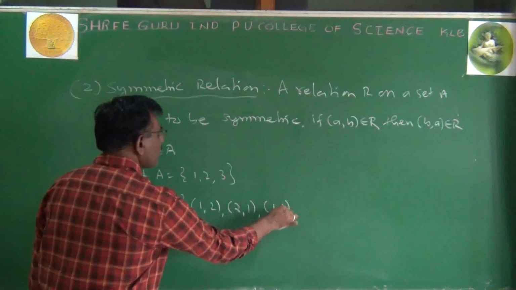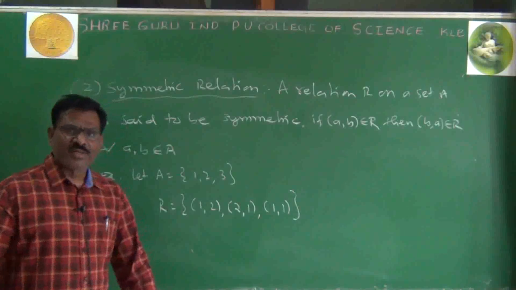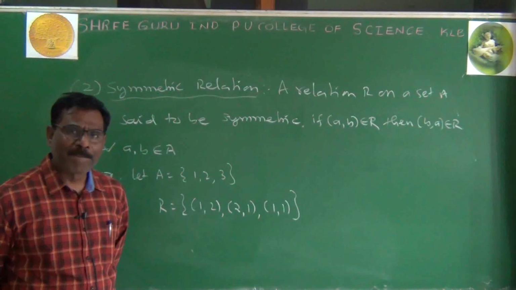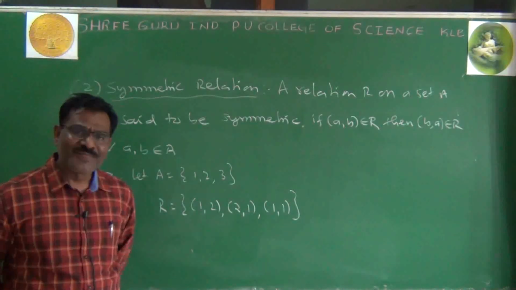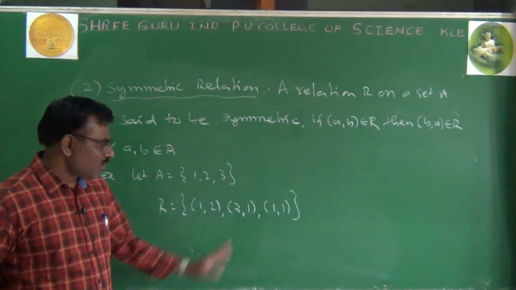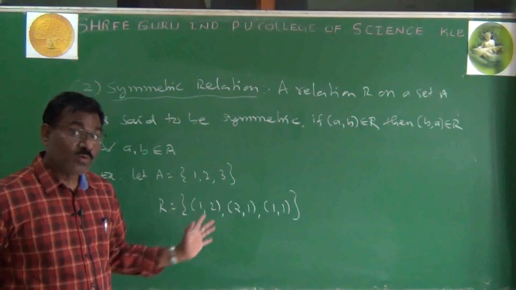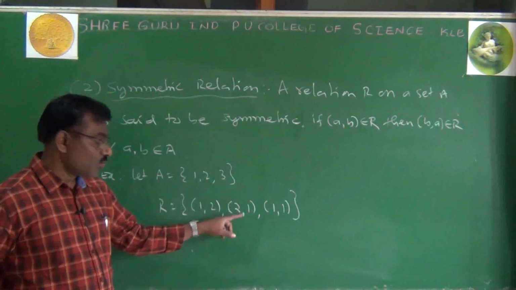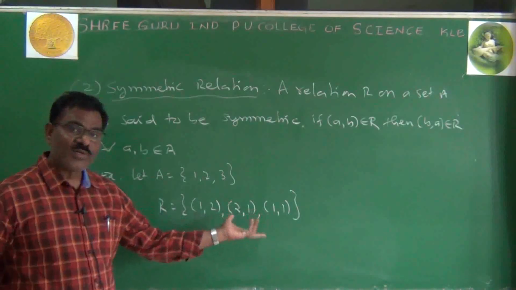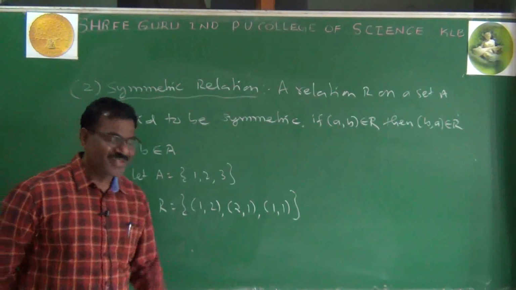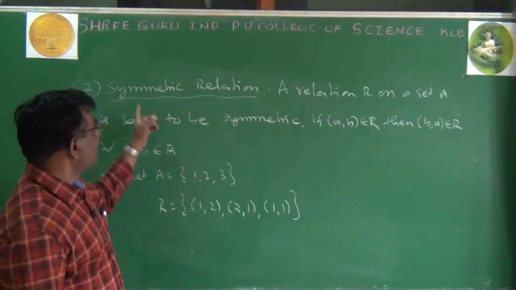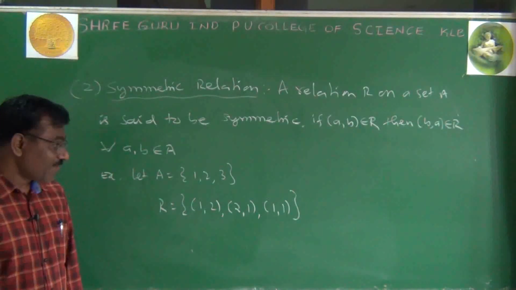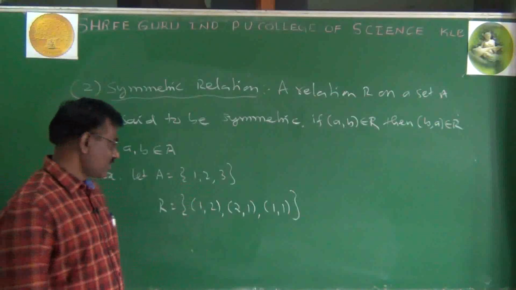Even if I take 1 comma 1, no problem. This is a symmetric relation. Why? 1, 2 and 2, 1 are there. You can check all the possibilities: 1, 2 reverse is 2, 1; 2, 1 reverse is 1, 2; 1, 1 reverse is 1, 1. So this is a symmetric relation on A.